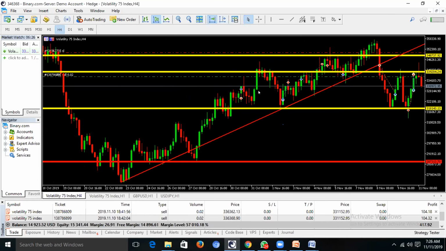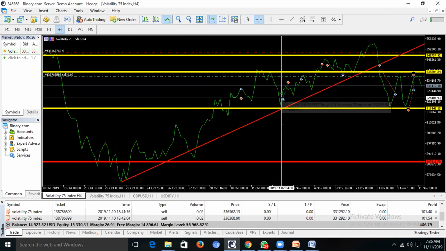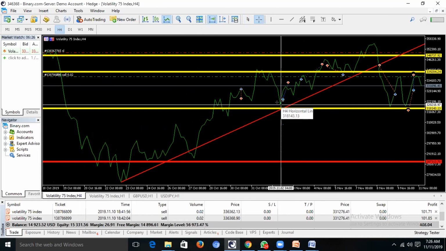If you're not clear about the movement, the place to draw, you can use a line chart. With a line chart, it will be clear to you where the market has touched. Look at this point. You can see that the price touches here, it touches here. That means this is a very strong zone. So you need to be watching whenever price touches this zone.